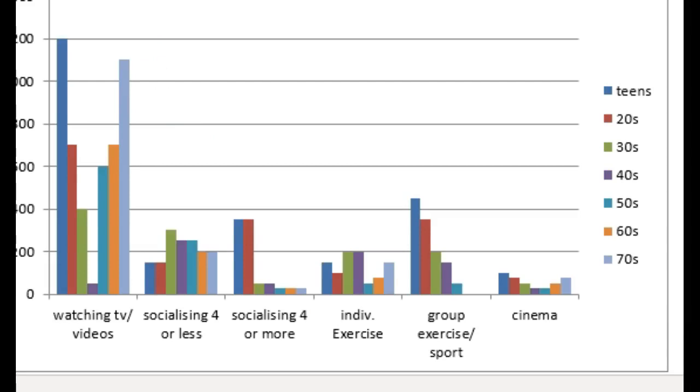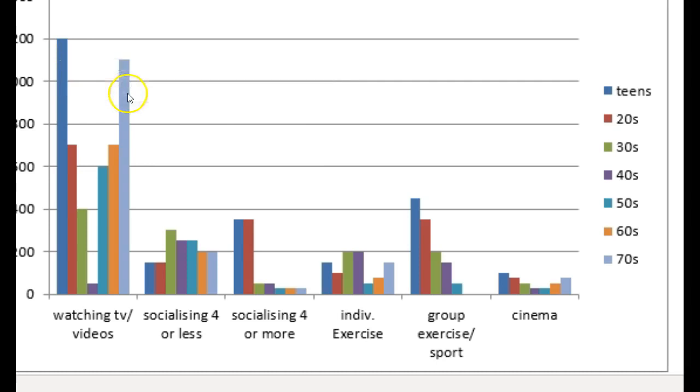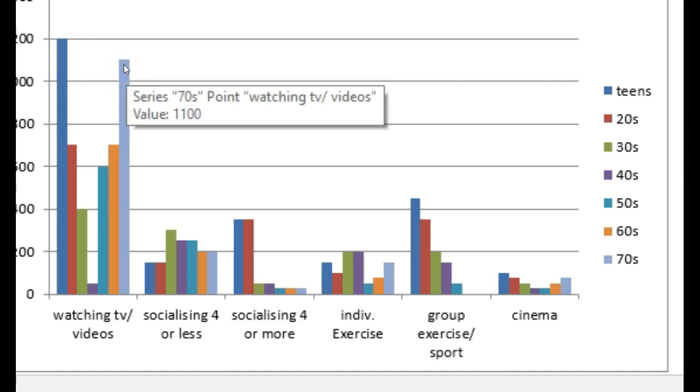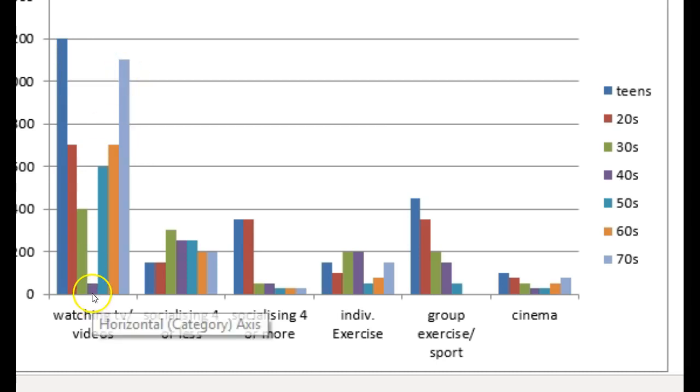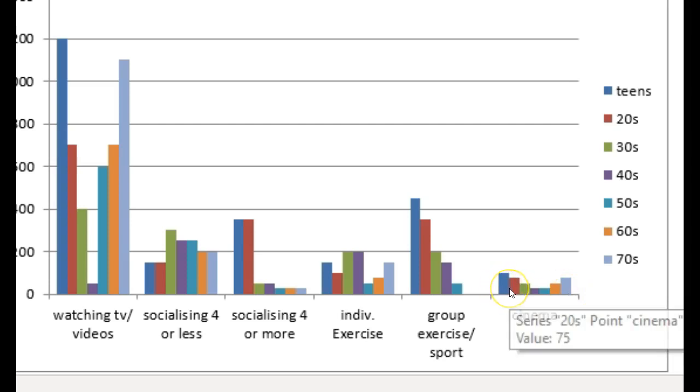Okay? Now, of course, you're also going to want to talk about the individual age groups, so you'll mention that teenagers participated in this activity the most, followed by people in their 70s, and we already talked about the people in their 40s. And you can say that it's pretty similar here as well, right? So the teenagers engaged in this activity the most, followed by people in their 70s, okay, and in their 20s as well.